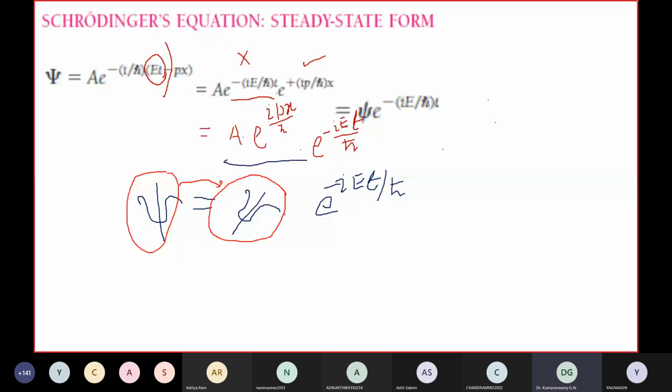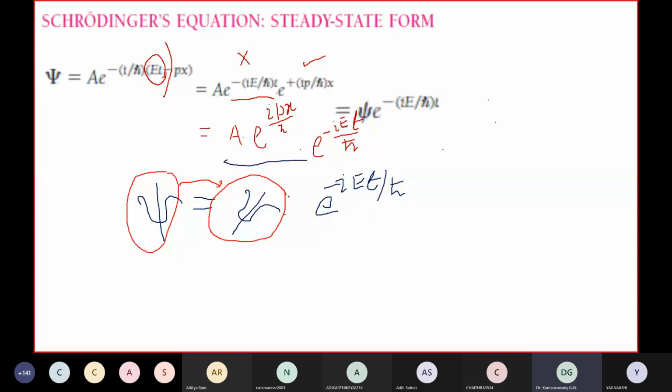Sir, so that means it's now a new constant? No, this is the variable. This is the wave function now. So that value equals a into e to the power of i p x by h.